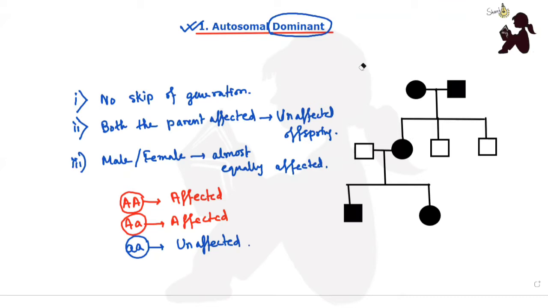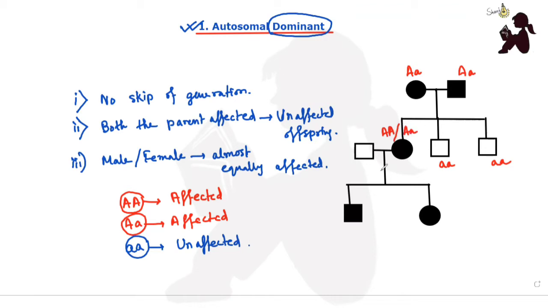So here in the pedigree, the mother will be capital A small a and the father will be capital A small a, because two of their children are unaffected. So these will be small a, small a, and the affected individual will be either capital A capital A or capital A small a.